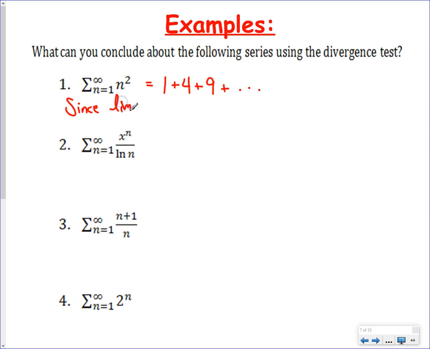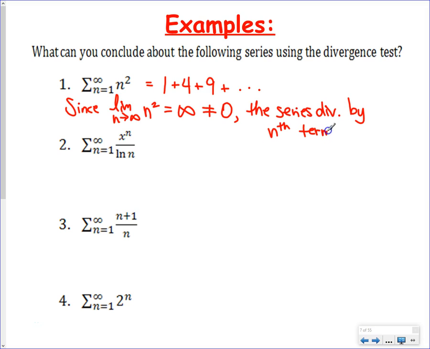Since the limit as n goes to infinity of n squared equals infinity, which does not equal 0, the series diverges by the nth term test.